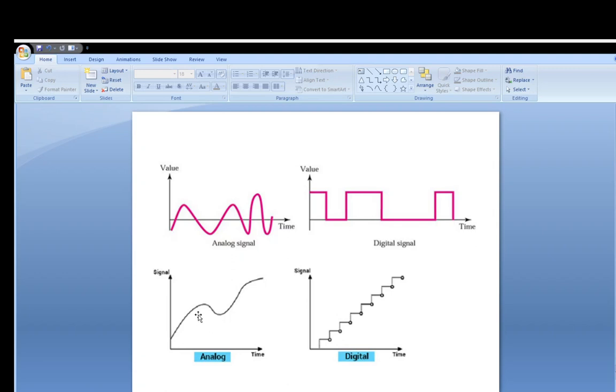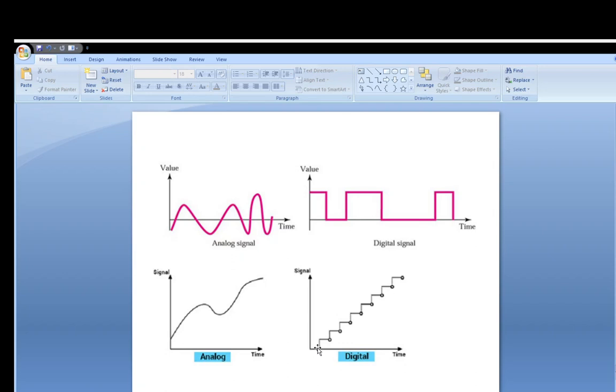But in this figure, between 1 and 2 any value is possible. So in this case only two values are possible. In this case the values are shifted by some particular range, that is called resolution.